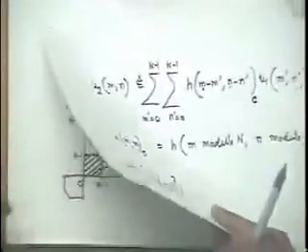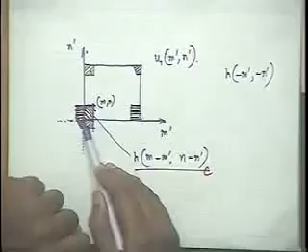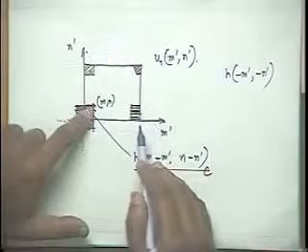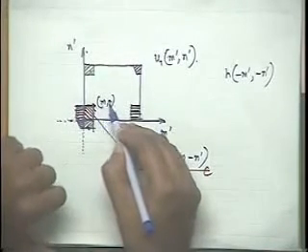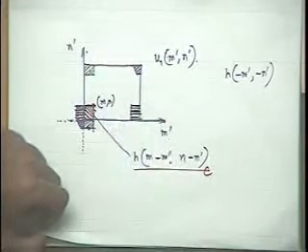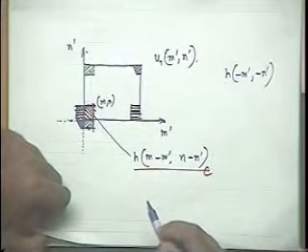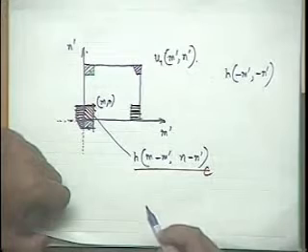So what we are doing is going over to the m prime, n prime coordinate space. And on that, we are choosing a particular point m, n, and at that particular point m, n, we are computing the convolution value.